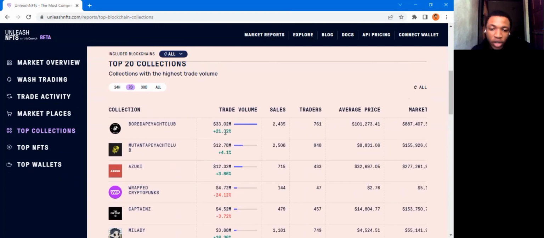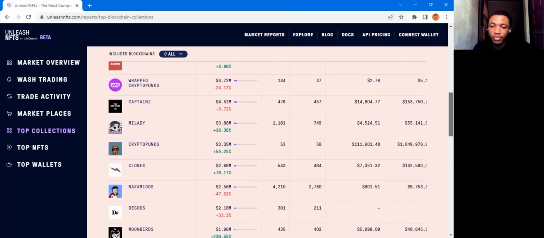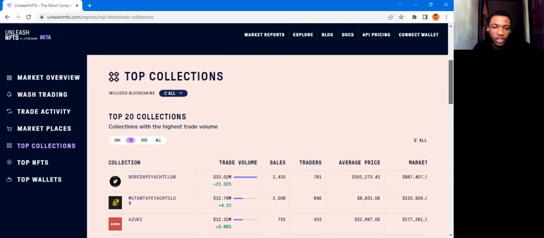It's been up 21.32% in the last 7 days, with the total number of sales being 2,435, and 761 traders. The average price for the Bored Ape Yacht Club is $101,273.41. Wow. And of course, we have a list. It has to do with the top 20.